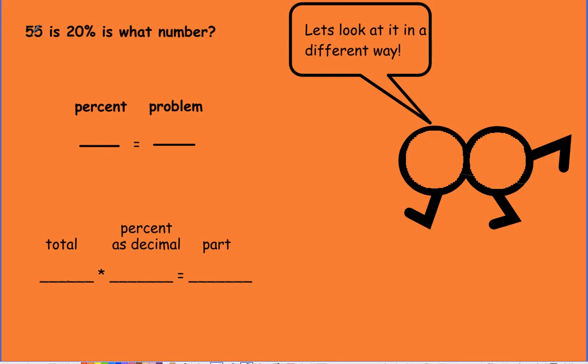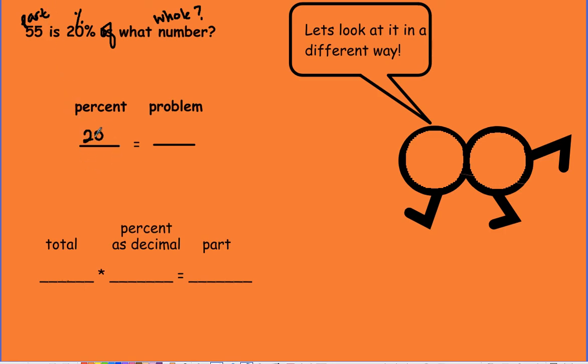So here we have 55 is 20% of what number? Well, let's make this easy. This is obviously the percentage, and 55 is 20% of what number? Well, 55 is your part because when it says of what number, after the "of" is going to be your whole. So you're looking for your whole, and this is your part.